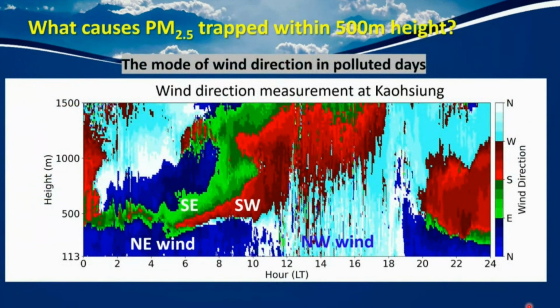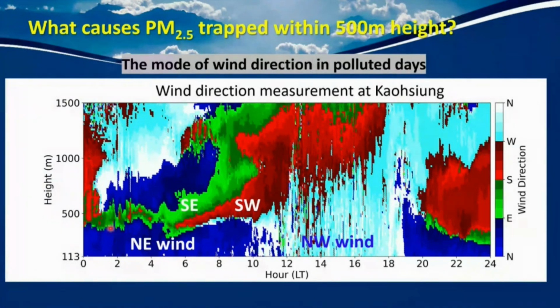We have very good instruments, the wind LiDAR, which provides a very detailed vertical wind profile structure. The slide I want to show you is only the mode of wind direction during the polluted days of the field campaign. So you can imagine all the polluted days during the field campaign have this kind of wind characteristics.